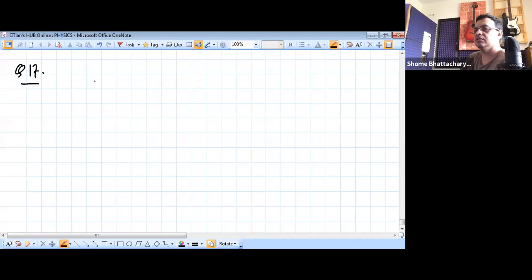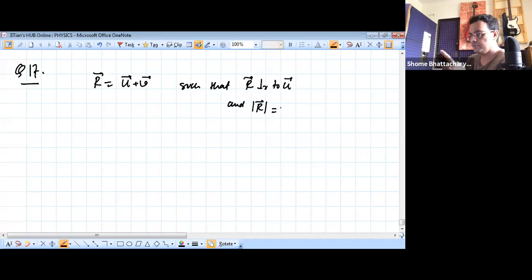So it says that the resultant of u and v, let's say r, which is u plus v, is such that r is perpendicular to u, okay, and magnitude of r is equal to half of the magnitude of v. We have to find the angle between u and v.